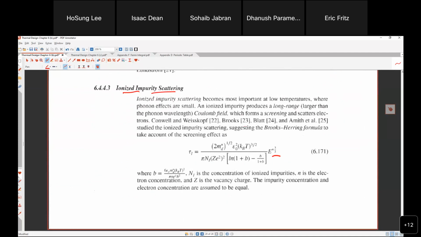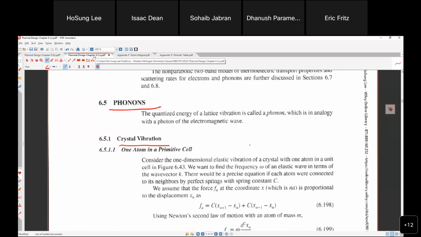Okay, now I'd like to move on. Phonon. Since thermoelectrics involves electrons, Seebeck, electrical conductivity, thermal conductivity, we have to understand phonon actually.